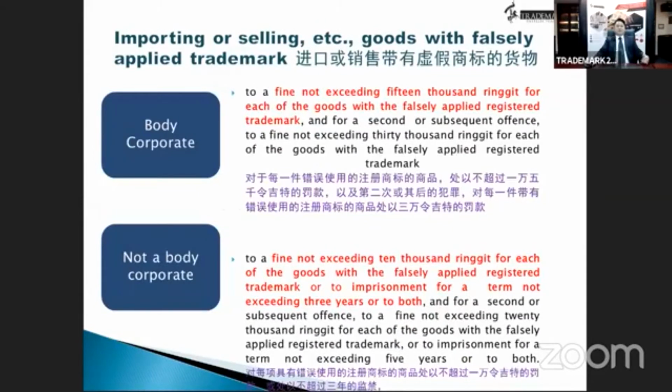So if you're a company, you'll be fined 15,000 ringgit for each item of goods with a falsely applied registered trademark. And if you're an individual, you'll be fined not exceeding 10,000 per item of goods.